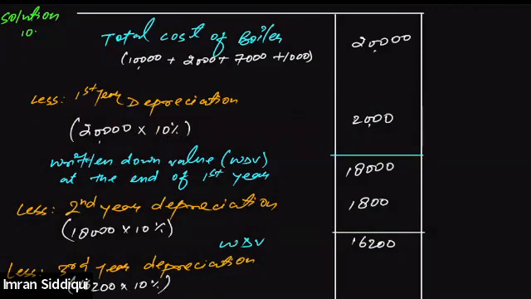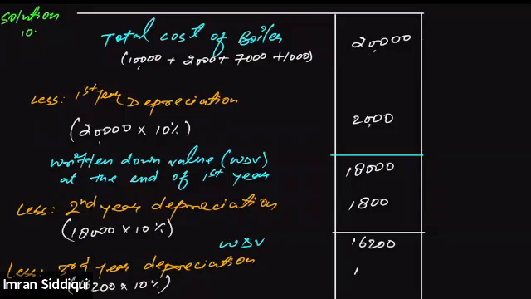Right? We are calculating depreciation at the same rate, but we are not calculating depreciation on the same value. We are calculating depreciation on the written down value, that is the closing value of the previous year. So on 16,200, you will calculate 10% of it.